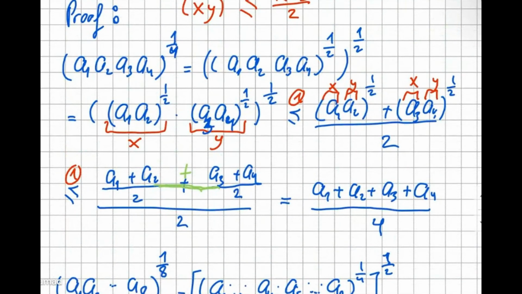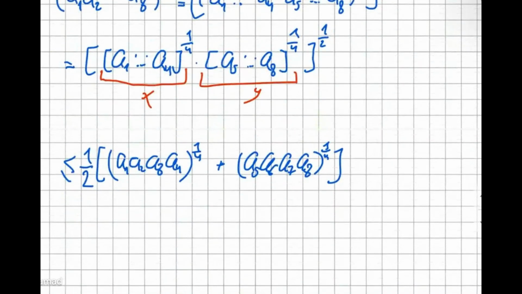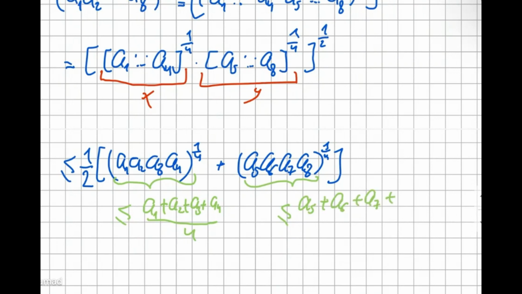Now what we want to do is apply our previous result for n equals 4, because we have shown that the inequality holds for n equals 4. So we know that this here, let's actually use the green color here, is smaller or equal to a1 plus a2 plus a3 plus a4 divided by 4. And this here is smaller or equal to a5 plus a6 plus a7 plus a8 divided by 4.